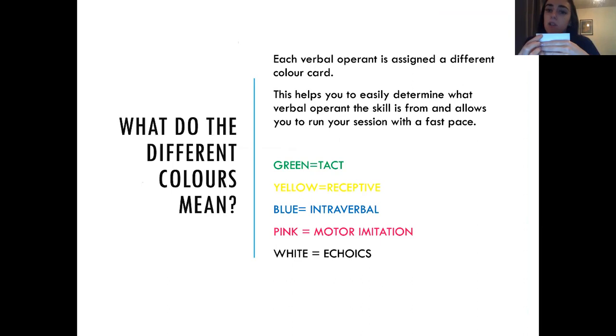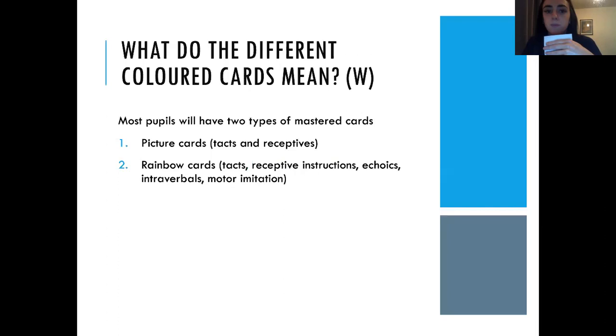If it's mastered as a receptive as well, it will have a yellow sticker. And if it's only mastered as one, it will just have one sticker, green or yellow, depending on whether it's a tact or receptive. So that's how we know within our picture cards if the pupil has mastered this particular picture as a tact, a receptive, or both.